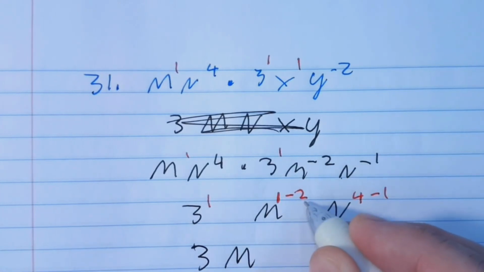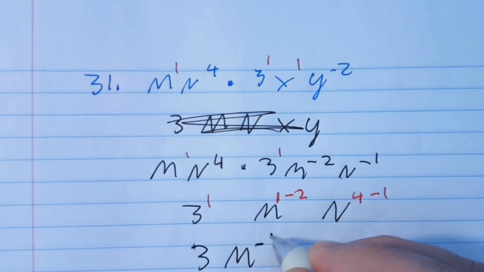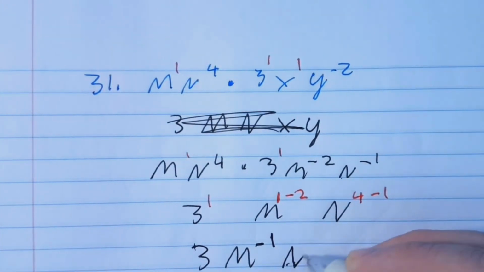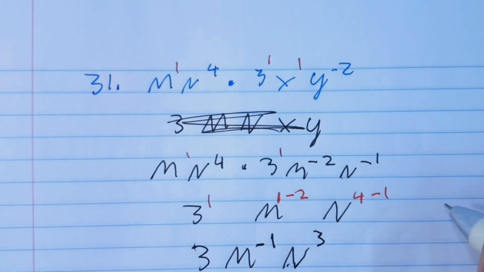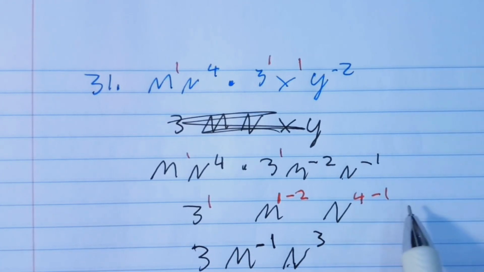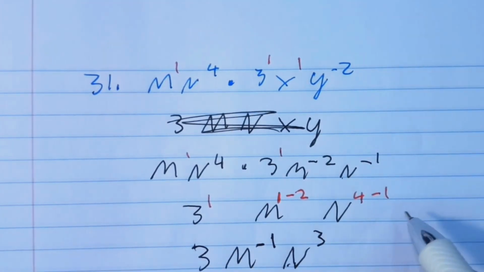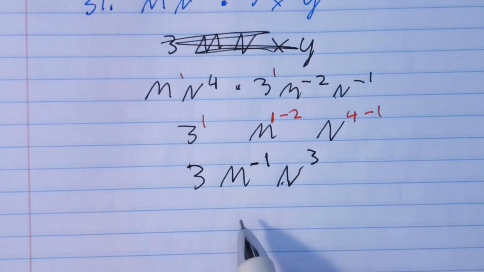M minus 2 becomes a negative 1, right? And N, 4 minus 1 becomes a 3. This is why I don't deal with my negatives till the end, because 4 minus 1 became a 3, and I no longer have that negative. Okay, so I'm not done.